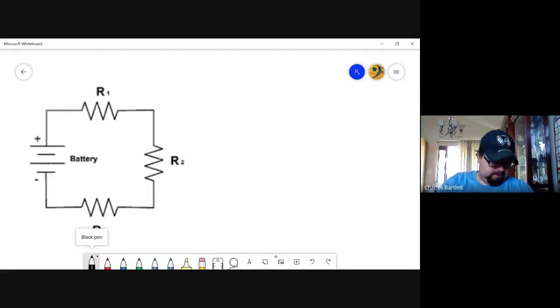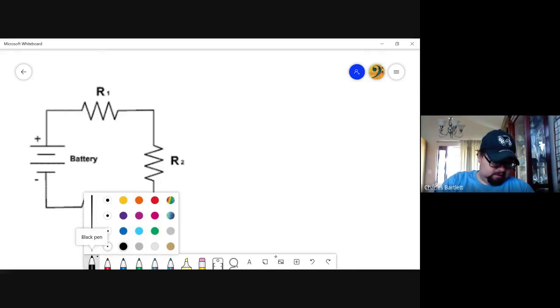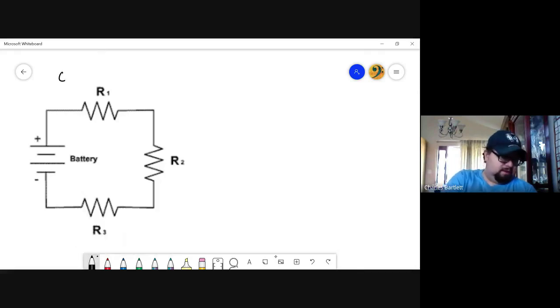Let me label that up here: series circuit.